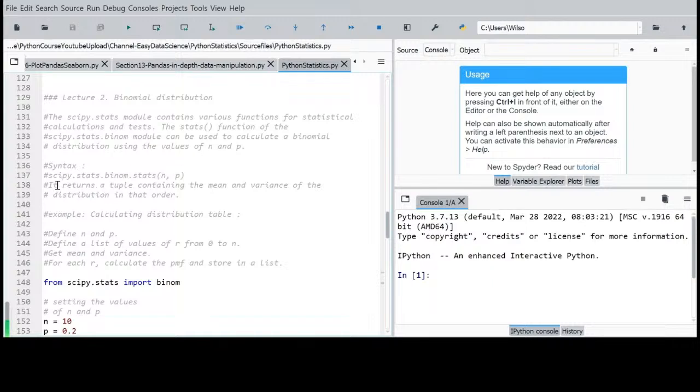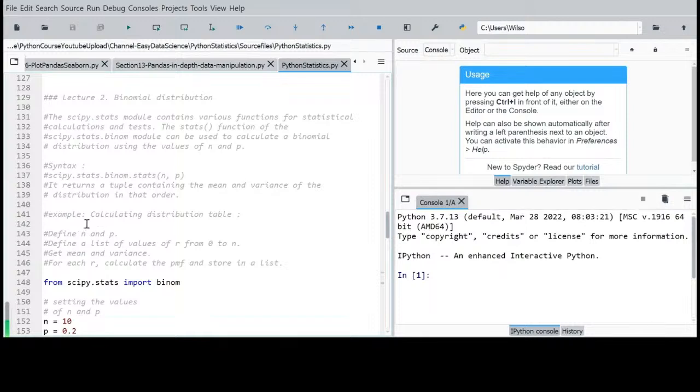The syntax for this function is scipy.stats.binom.stats with n, p for the parameters. It will return a tuple containing the mean and the variance of the distribution in that order.